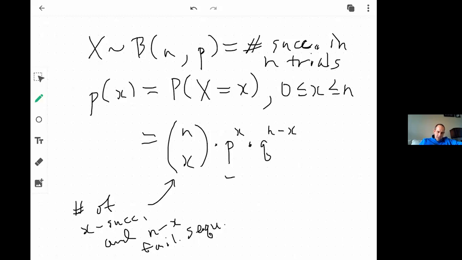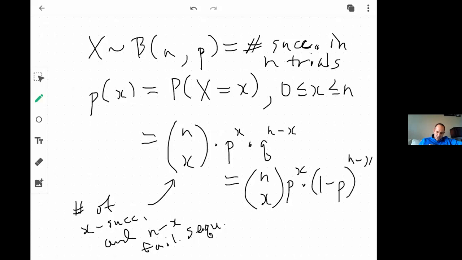Another way to write this, if you don't want to write q, is 1 minus p, because there are only success and failure in this case. So it's p to the x times 1 minus p to the n minus x.